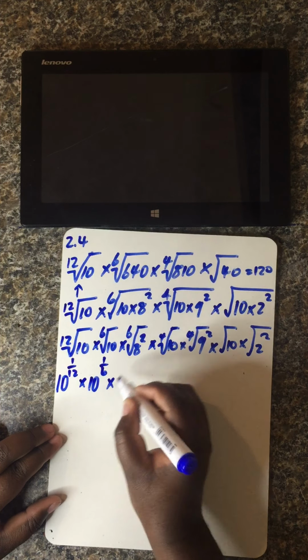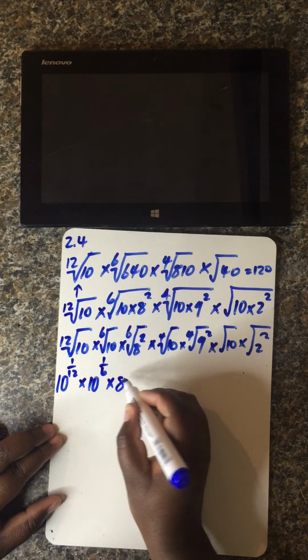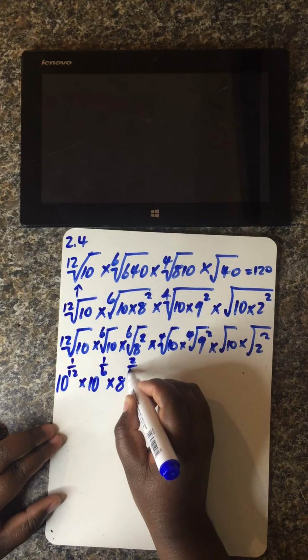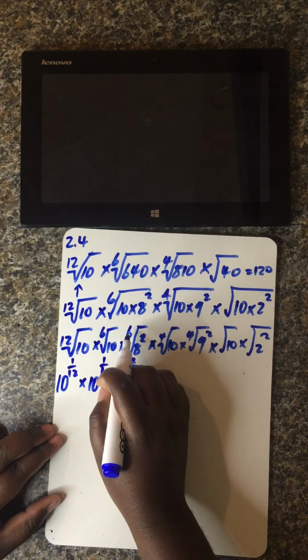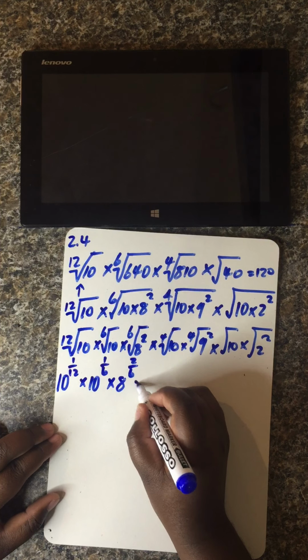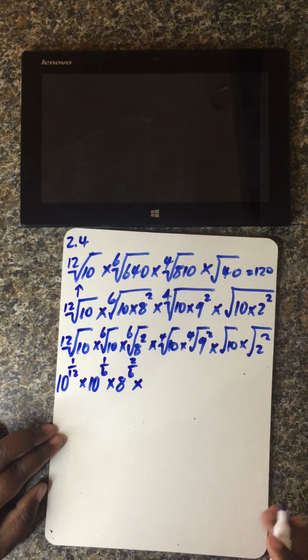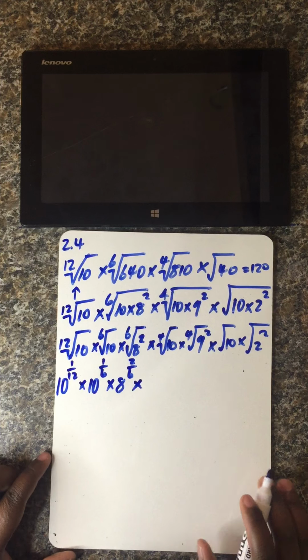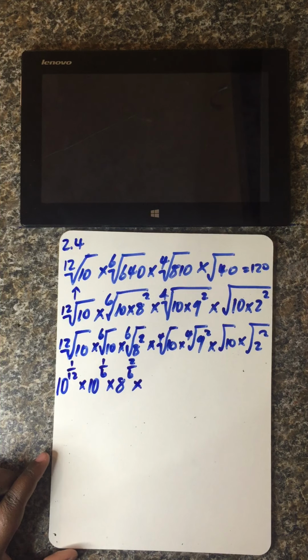So this is the same as 8 to the exponent 2 over 6, which is that 6. Can you see why I had to show you that part, ladies and gentlemen? It's so that you fully understand as I continue with this question.